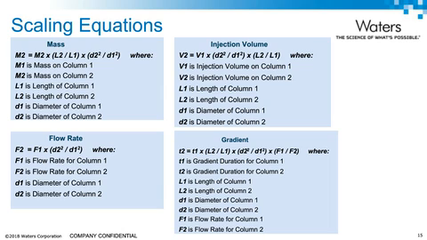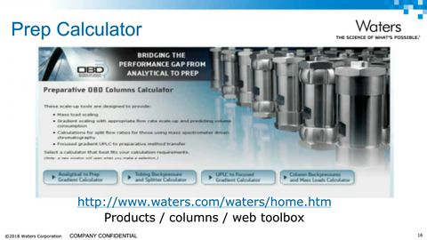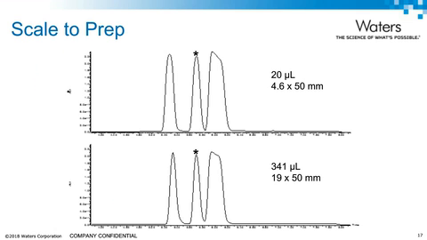Once we know how much we can load on the analytical column, we can scale to prep. Whether you use the scaling equations and do the math manually, or use the prep calculator available on the Waters website, scaling to prep should give you the same chromatography on the prep side as on the analytical side if you follow all the rules.